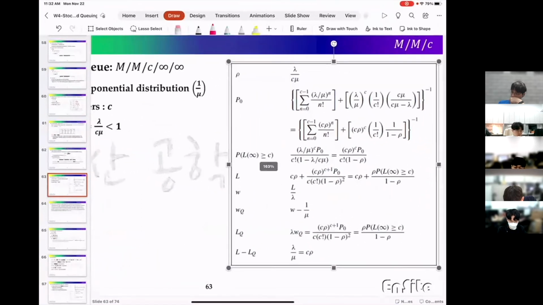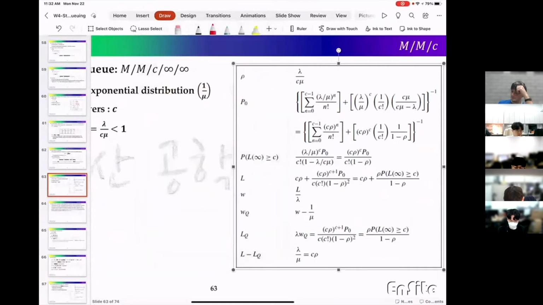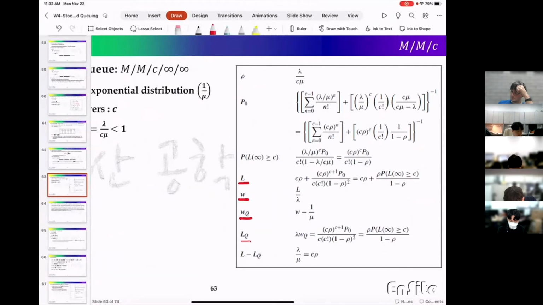If we see this formula here, we need to calculate L, Lq, W, and Wq. And in order to calculate these 4 values, we need to calculate the probability that there are no people in the system.